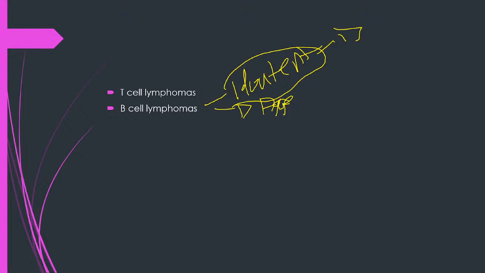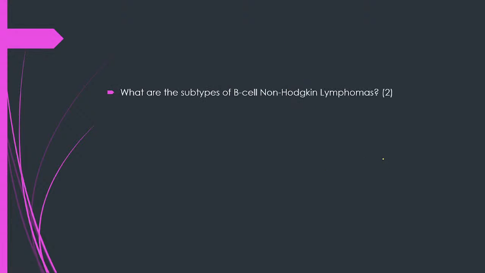It's literally going to stress you out because it's invasive and much faster progressing. The progression of the disease is extremely fast. What are the subtypes of B cell non-Hodgkin's lymphoma? I mentioned that already, the aggressive type and the indolent type.